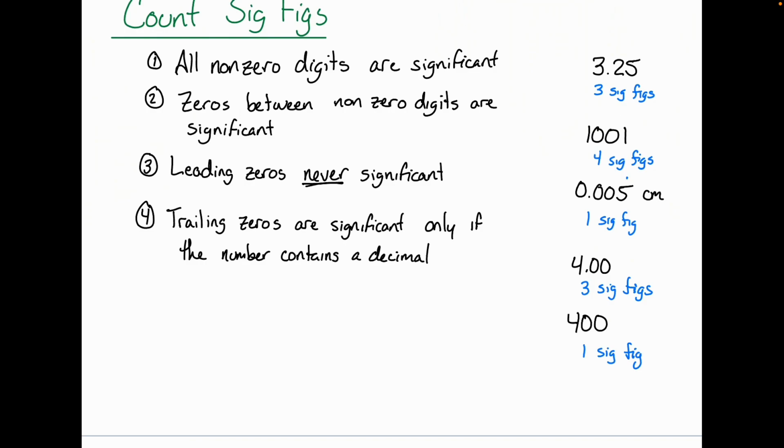Okay, so this is our rules for counting sig figs here. This is the first step. This is like the first little tool that we have to have in our toolbox before we can do math in general chemistry here. All right, we got to be able to look at a number and count how many sig figs there are in that number. Okay, so I'm going to put some examples down. You guys are going to go through, count how many sig figs you see in each of those numbers, and then we'll go through them together.